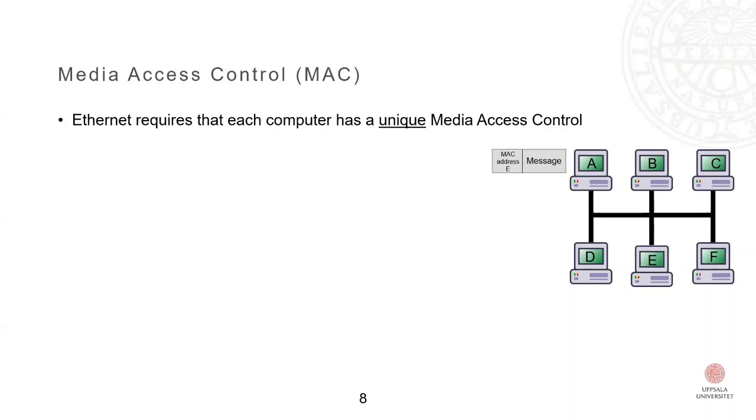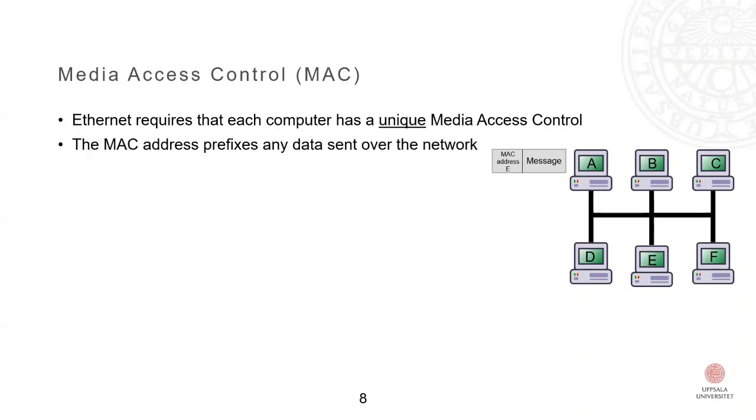So every device that can be connected to the internet is given a unique MAC address, which is set by the manufacturing company. It is unique in the whole world, so you will not find two nodes that can be connected to the internet and have the same MAC address.